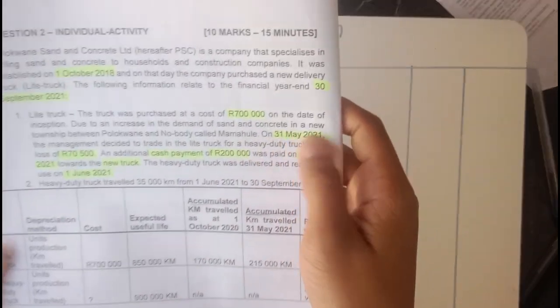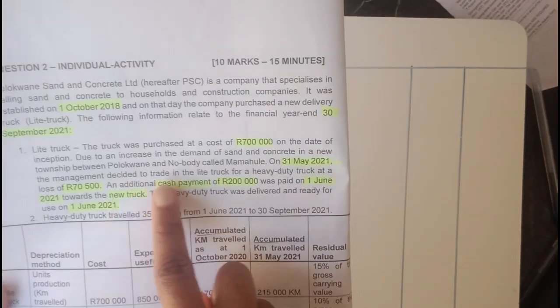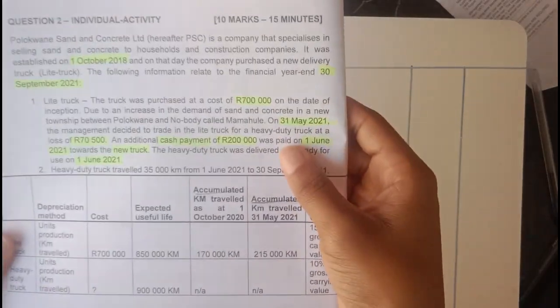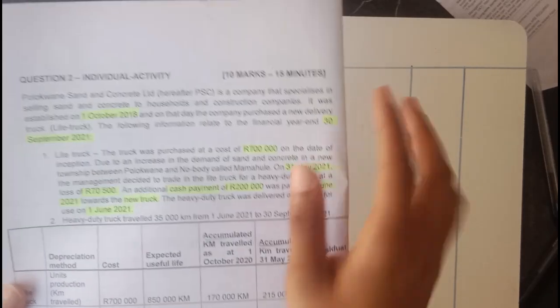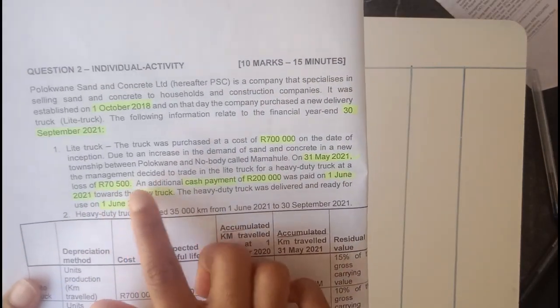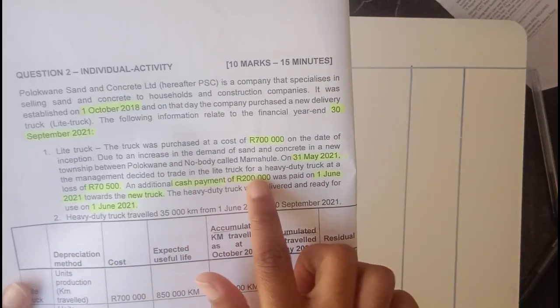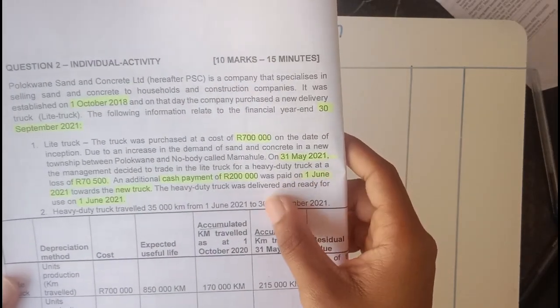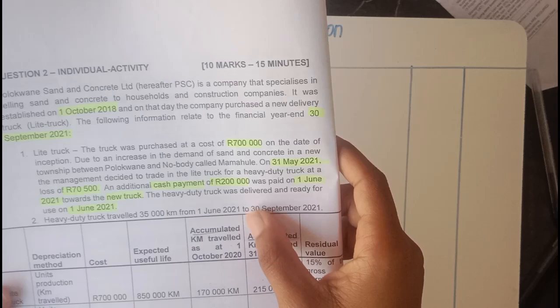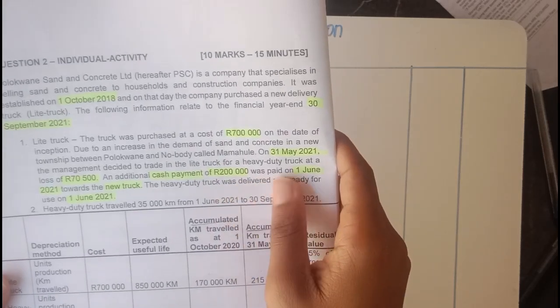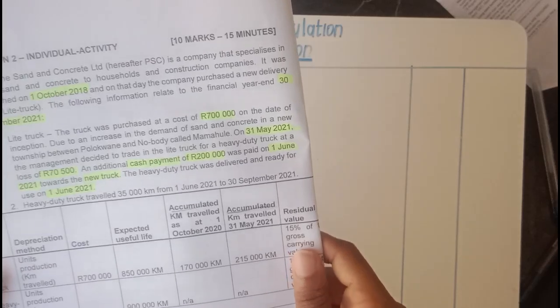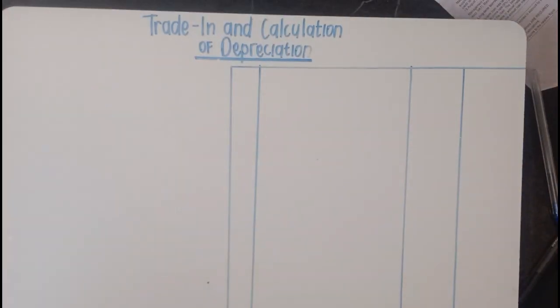On 31st May 2021, management decided to trade in the light vehicle for the heavy duty truck at a loss of 70,500. An additional cash payment of 200,000 was paid on the 1st of October 2021 towards the new vehicle. The heavy duty truck was delivered and ready for use on the 1st of June 2021.